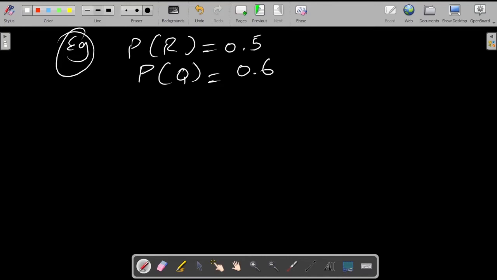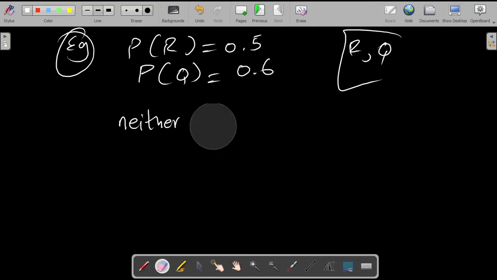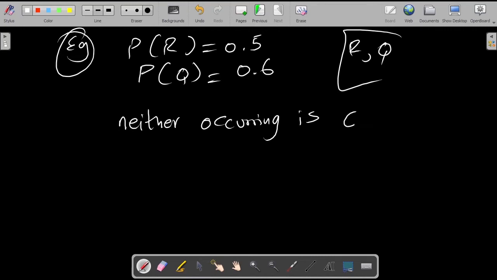Now, the next statement basically said the probability of neither R, so this is R, this is Q. So we have 2 events, R and Q, right? So this is an R, even though it doesn't look like it, but it is nevertheless. So we have R and Q. And we are told that the probability of neither event occurring, so neither occurring, that is what we're told, is 0.1.